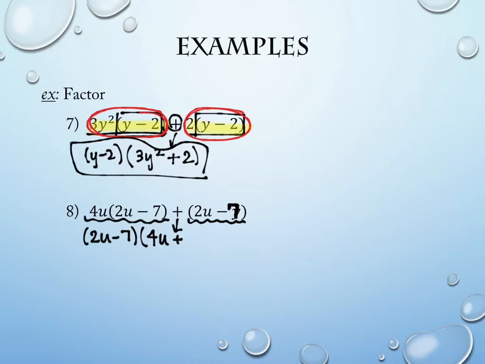So when you divide something by itself, you get 1. Another way to think about it, if it helps you, is that there is, without seeing it, of course, an understood 1 right here in front, right? So that coefficient there of 1 is what's left. So I end up with 2u minus 7 times 4u plus 1.